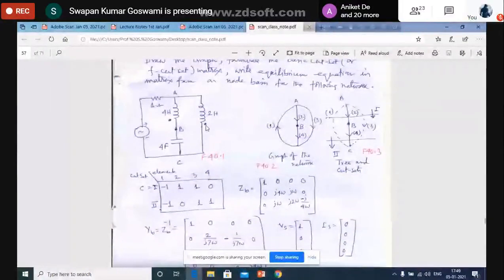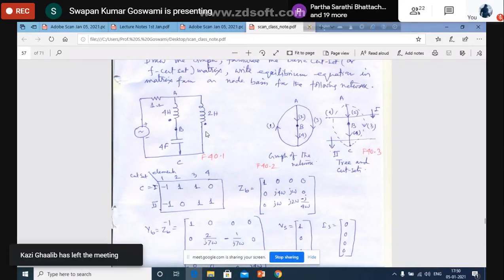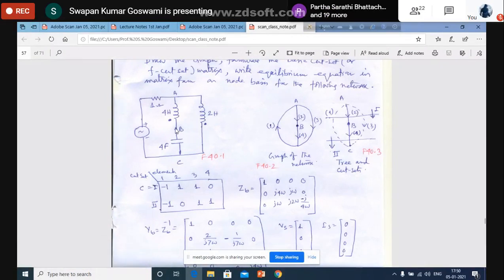The position of the dots and the direction of current through the element determine the sign. This current is leaving the dot. This current is also leaving the dot. This element current is considered to be the direction, and this element current is considered to be the direction. You see that both the currents are leaving the dots. What was the rule we have applied for identifying the polarity of the mutually induced voltage?